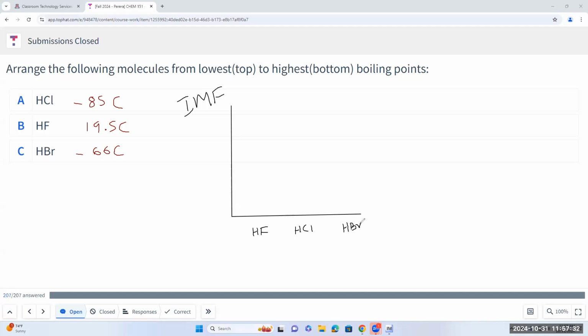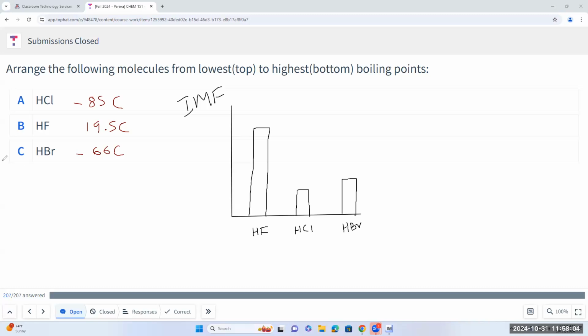What we know based on the boiling points is that we have the strongest intermolecular forces in HF. It's pretty strong actually. All the others are negative. Okay, and then HBr, then HCl has the weakest overall intermolecular forces.